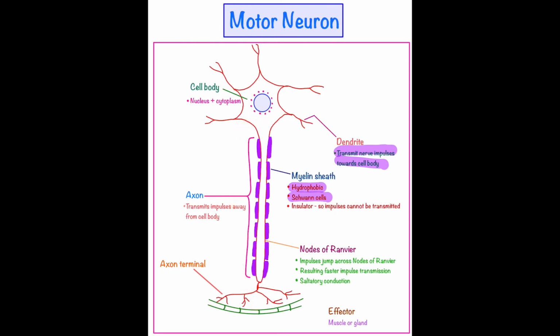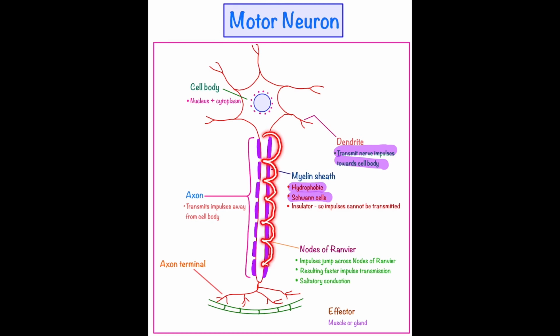So instead of transmitting the impulses like this, impulses have to jump across the gap present between the myelin sheath. These gaps are called nodes of Ranvier. Clear? Because impulses cannot pass across myelinated sheaths, they have to jump across the nodes of Ranvier.